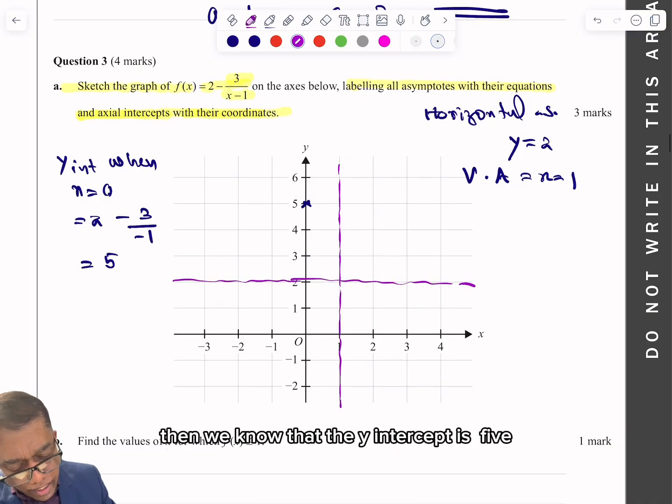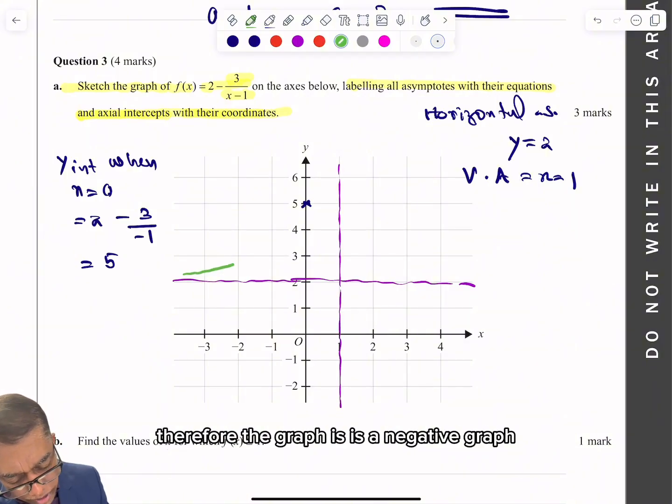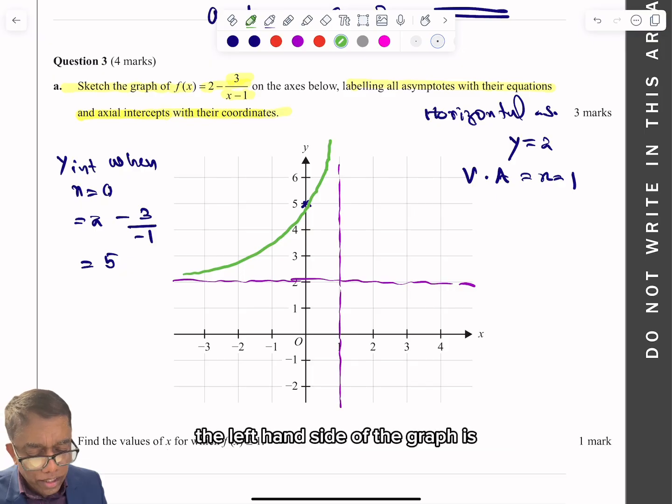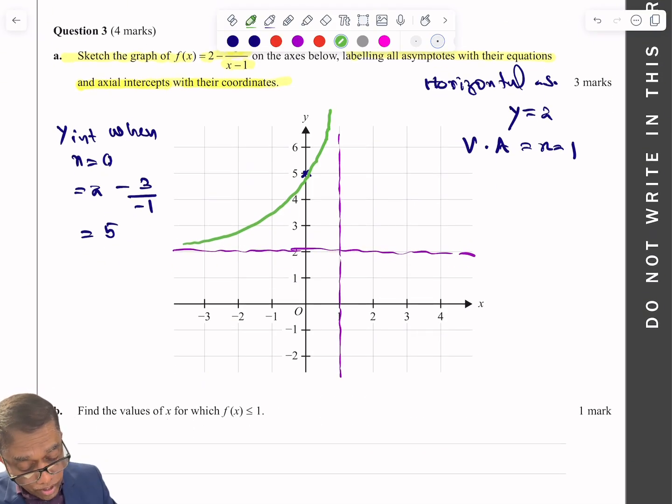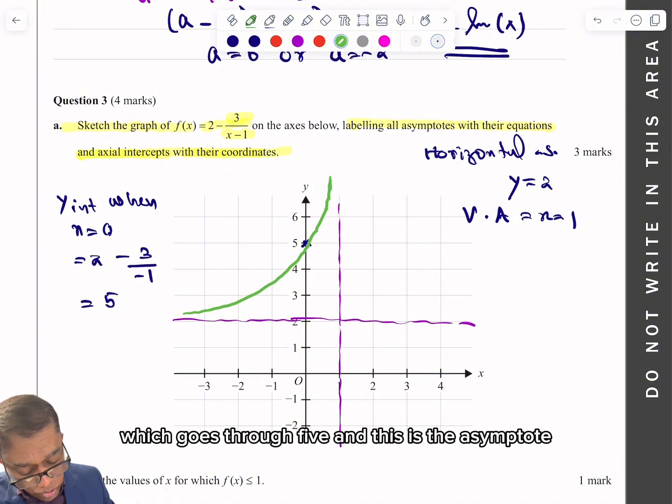Then we know that the y-intercept is 5, therefore the left-hand side of the graph goes through 5 and this is the asymptote.